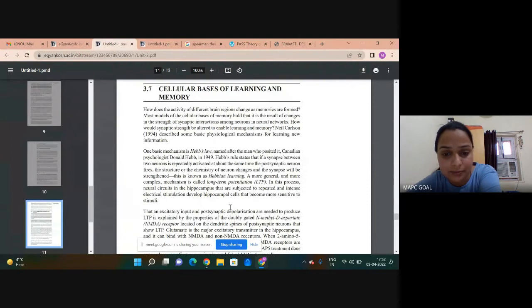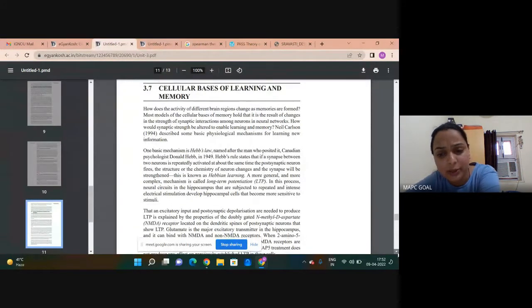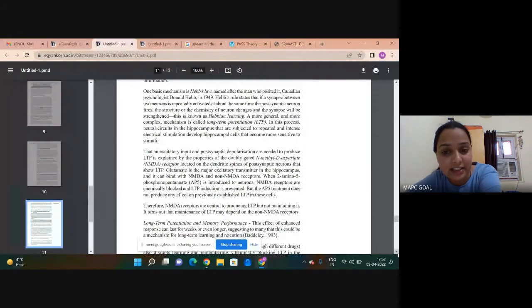In their research they found that it is stored in the hippocampus, and an intense electrical stimulation develops in the hippocampus itself, which becomes more sensitive to stimuli. So the hippocampal cells are responsible for long-term memory, or long-term potentiation, a term given by Donald Hebb.